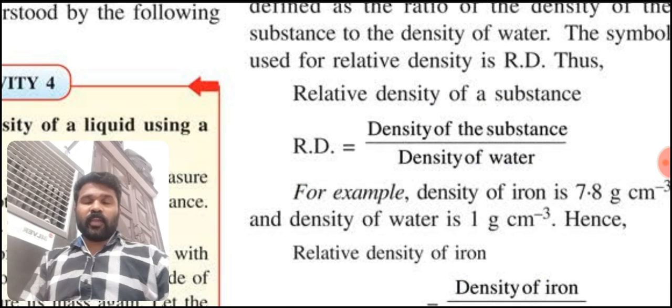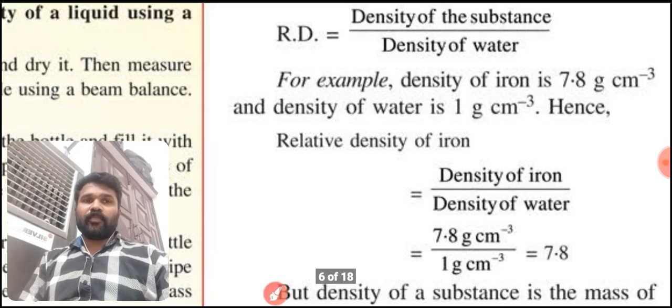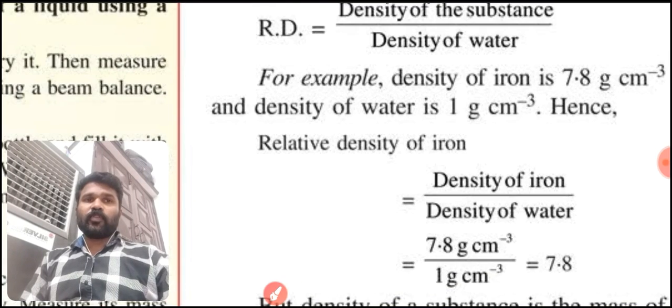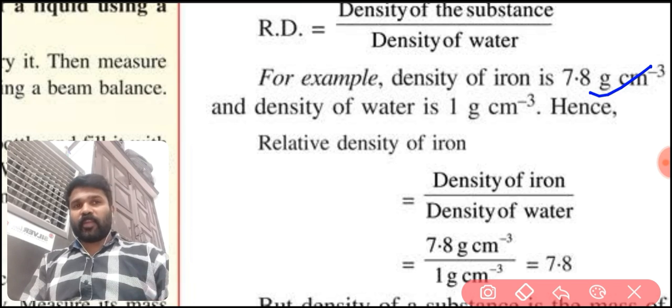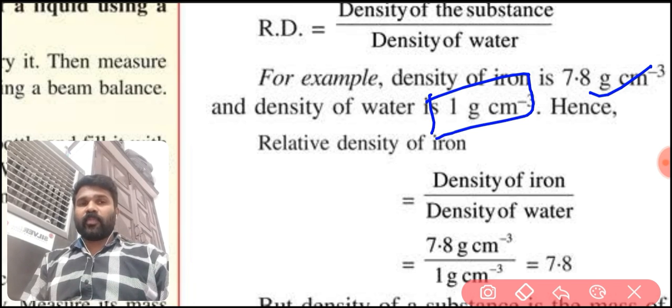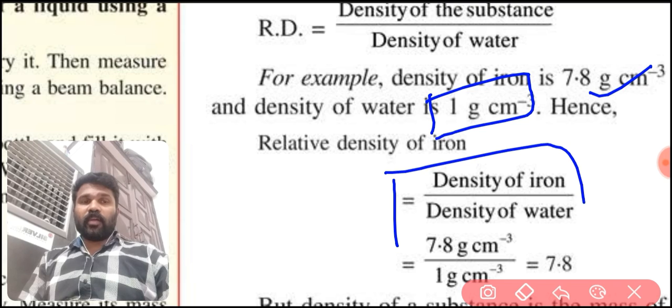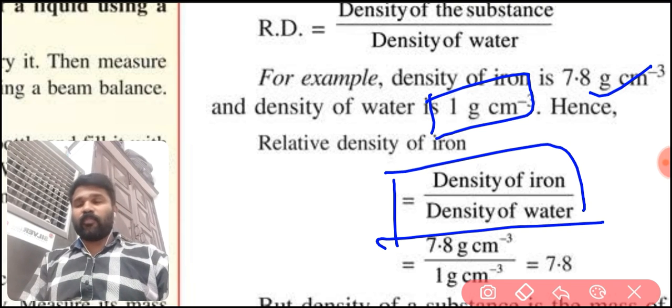Suppose that we are going to consider one example. Suppose the density of iron is 7.8 gram per centimeter cube. Density of water, we know, is 1 gram per centimeter cube. Hence, how can we find out the RD of iron? RD means relative density. We can find this by density of iron upon density of water.